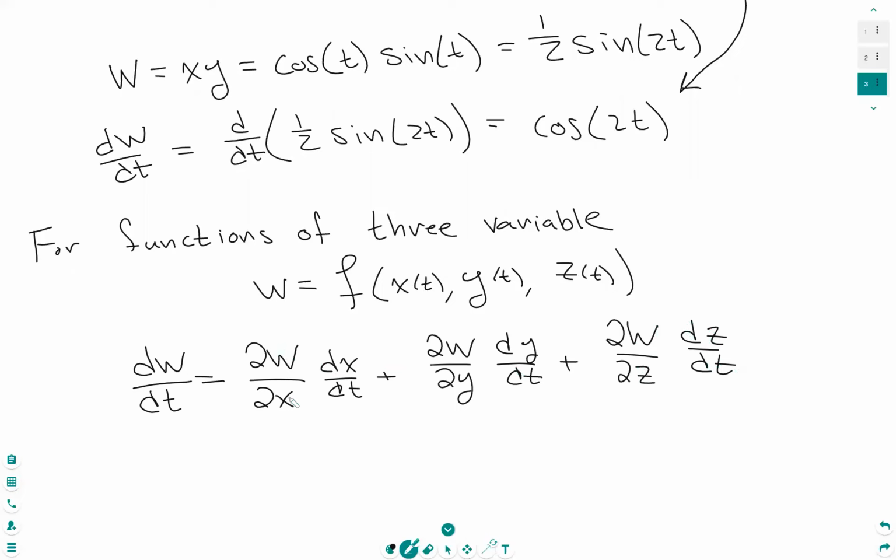So if you get confused about which goes where, or if you just need to remember, there's 3 variables, so there's 3 separate products here, and each product consists of partial w over the first variable, and then what comes right after it is the first variable, so these always match along the diagonal, and then in the lower part is the thing that I'm taking my differential of.